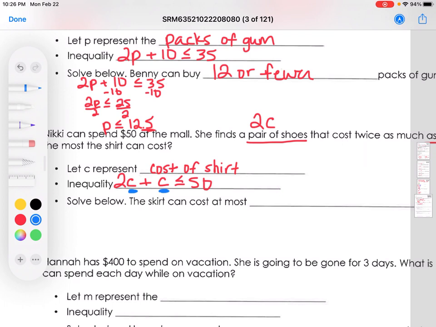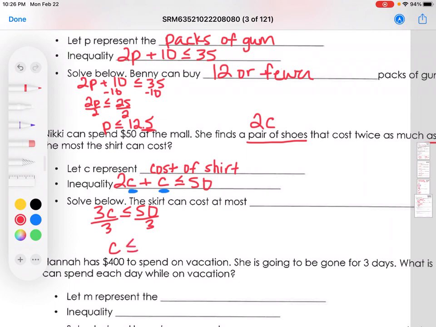Therefore, I can combine those to simplify this problem. So if I have 2 C's and then I add another C, I have a total of 3 C's. So 3 times C is less than or equal to 50. So now I want to divide both sides by 3.